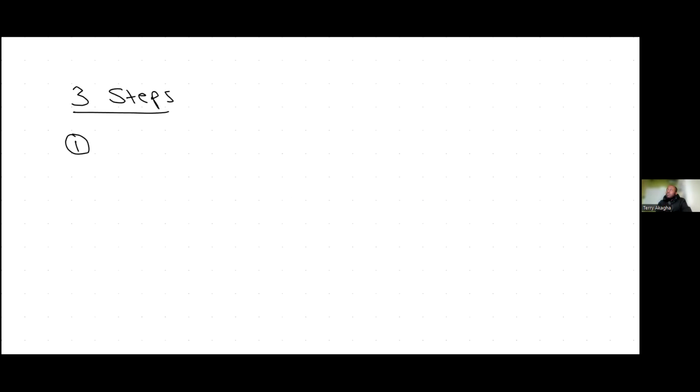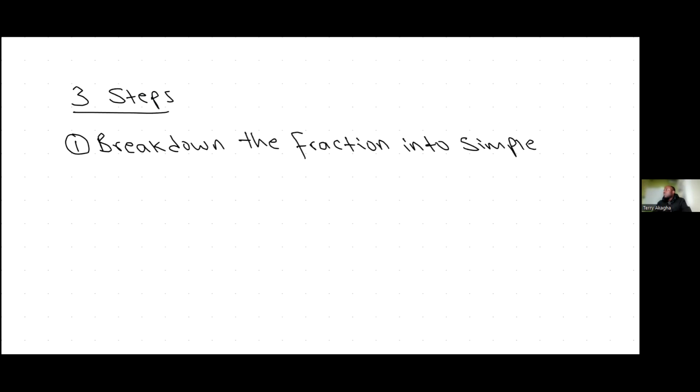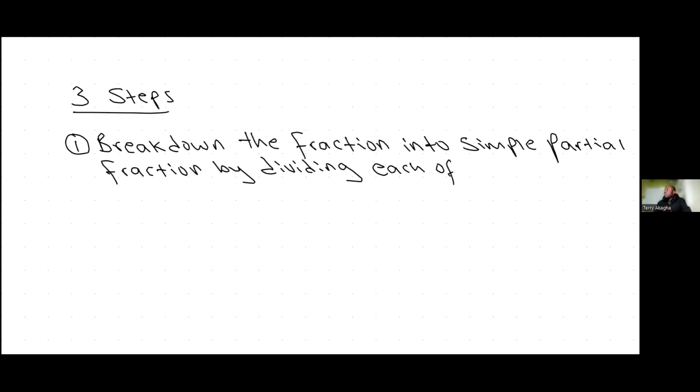So step 1, you break down the fraction into simple partial fractions by dividing each of the numerators by the denominator.